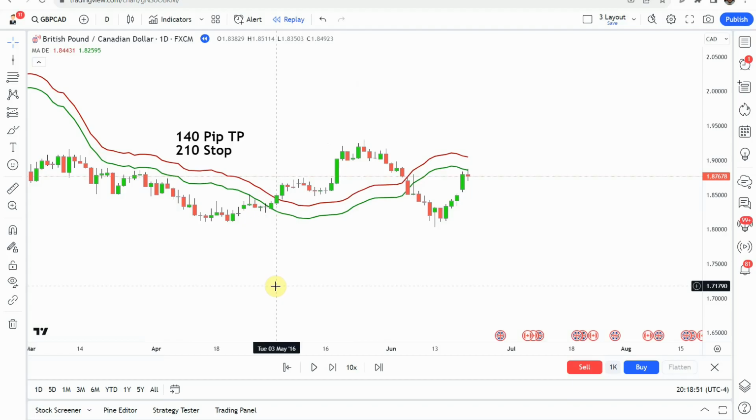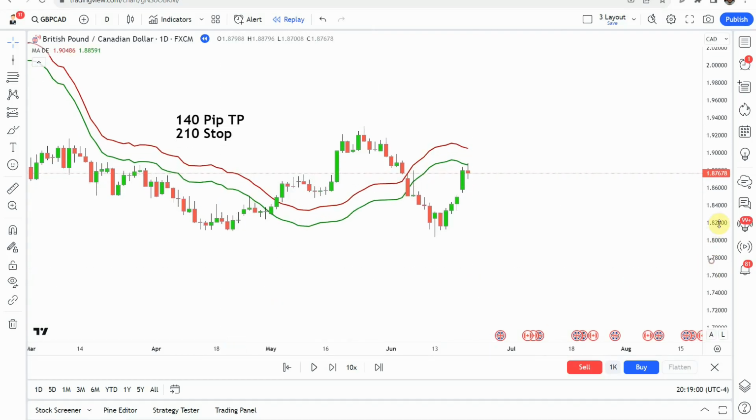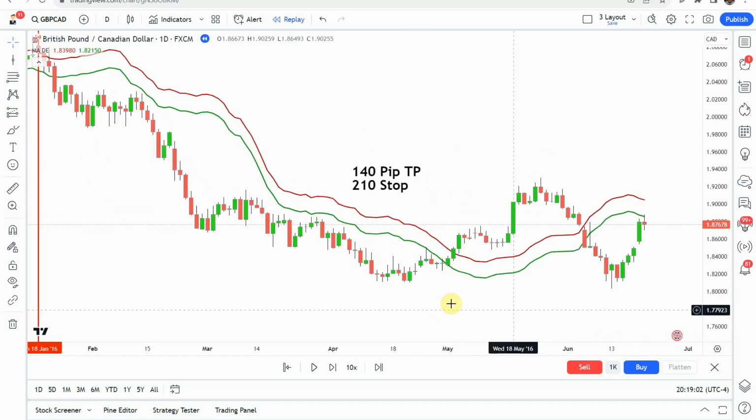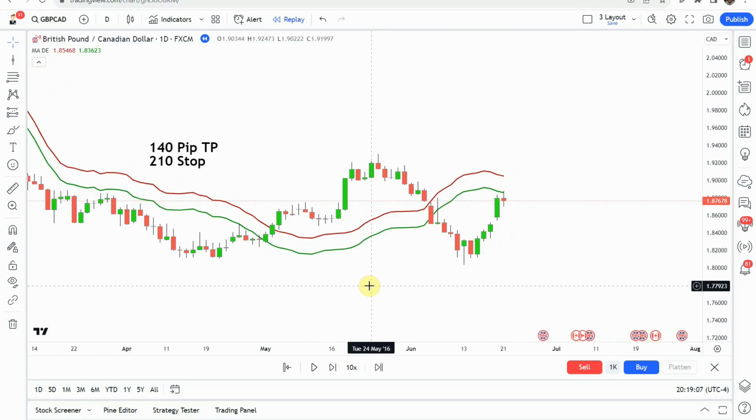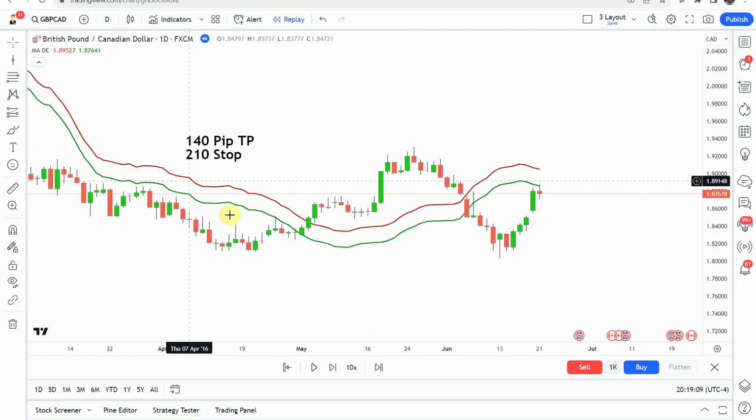Okay, so today we are looking at an advanced testing of the moving average displaced envelope indicator. You can see it here on screen. Basically this indicator creates a channel, or an envelope, using moving averages.